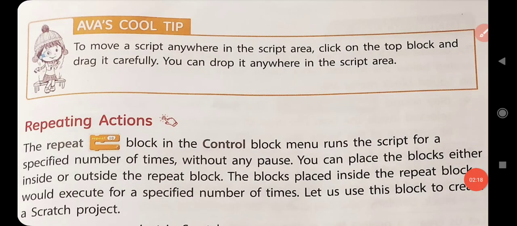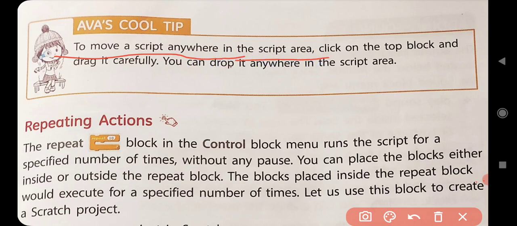Students, before I start the explanation of repeating action, we will go through our cool tips. To move a script anywhere in the script area, click on the top block and drag it carefully. You can drop it anywhere in the script area.